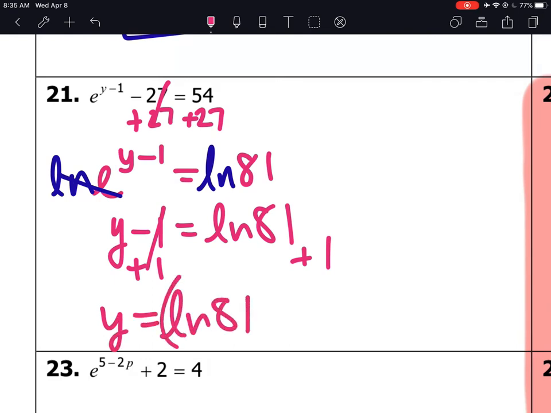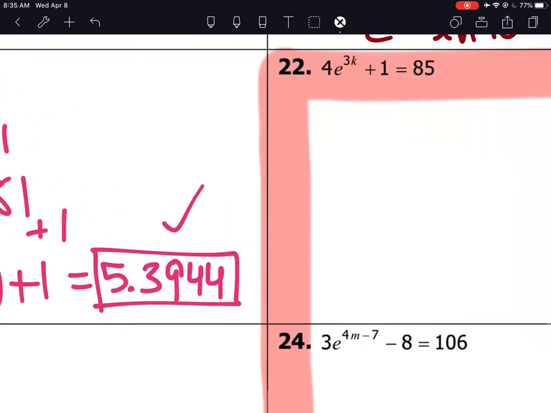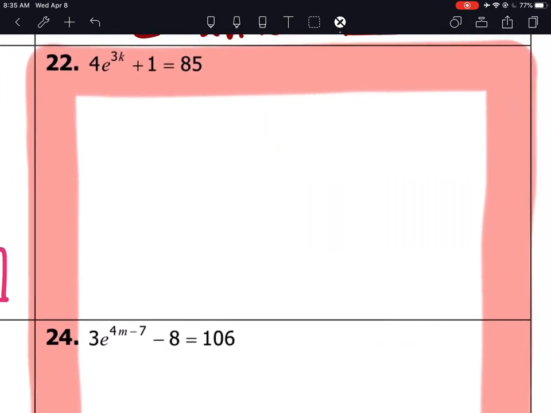You're going to add 1, but you're not adding 1 to the 81. You're just going to add it to whatever natural log of 81 is. And then if you do that, you should get approximately 5.3944. Make sure you double check your answer.